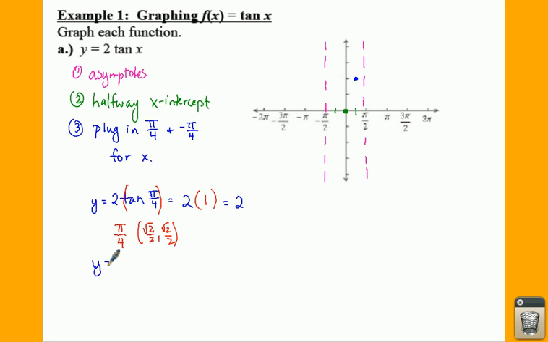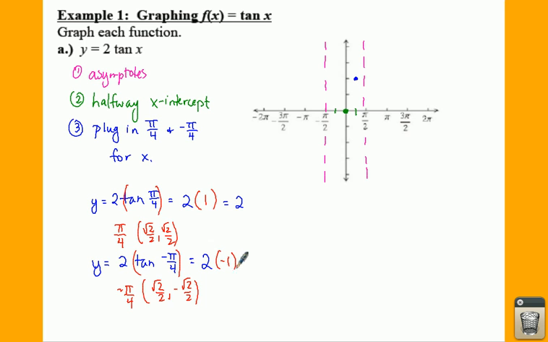Then we're going to find y equals 2 times the tangent of negative pi over 4. And if you remember, at negative pi over 4, your ordered pair is radical 2 over 2, comma, negative radical 2 over 2. So when you take y over x, it gives you a negative 1.